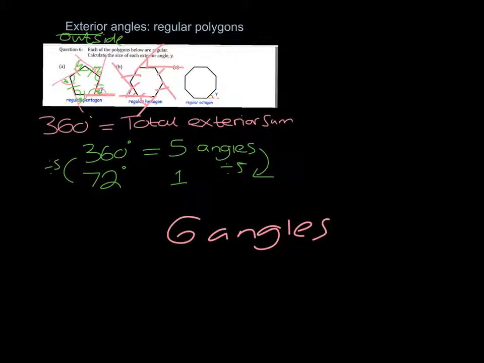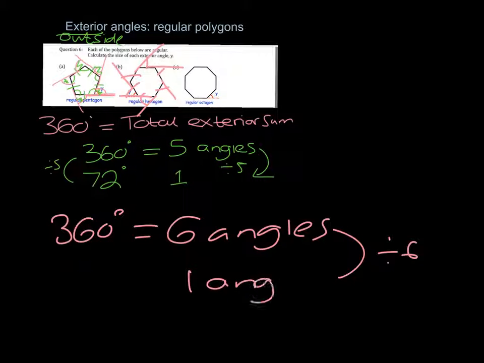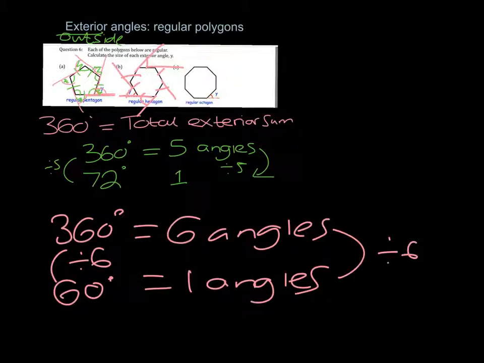So 6 exterior angles making that full turn. I'd need to divide by 6 to work out what one of the angles is, and 360 divided by 6 is 60 degrees. So then I know that angle there was 60 degrees.